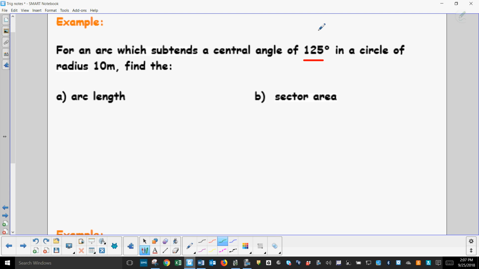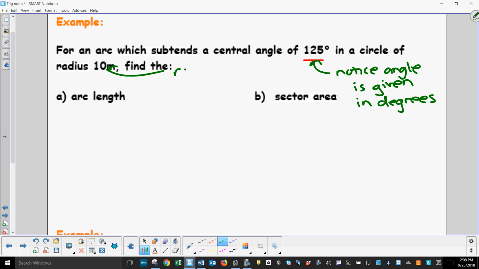So notice the angle is given in degrees, so use 125 over 360, and the radius they gave us, r equals 10. So arc length is going to be 125 over 360 times 2 pi r, so 2 pi times 10. Then work out that answer and round it.